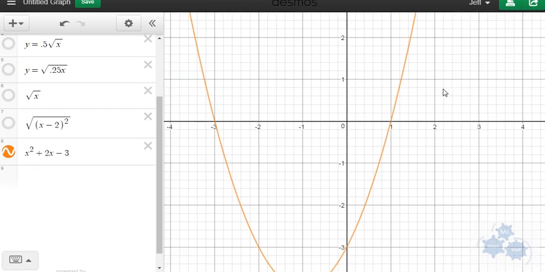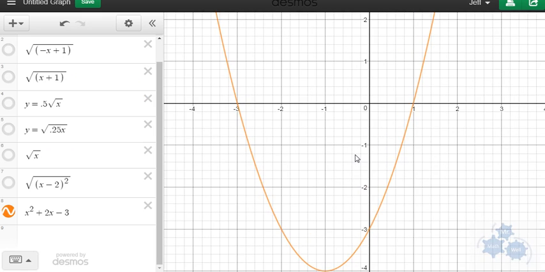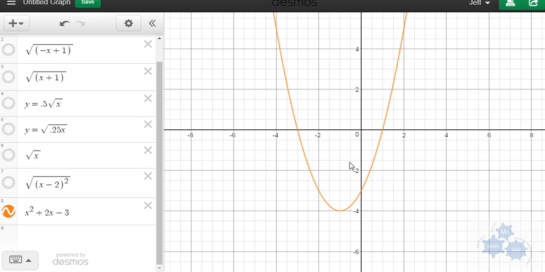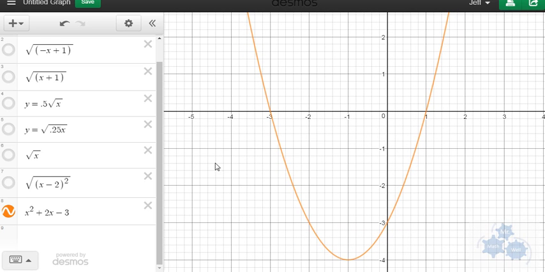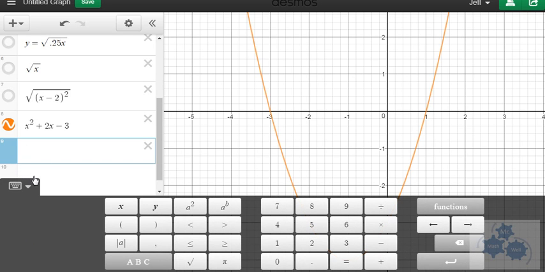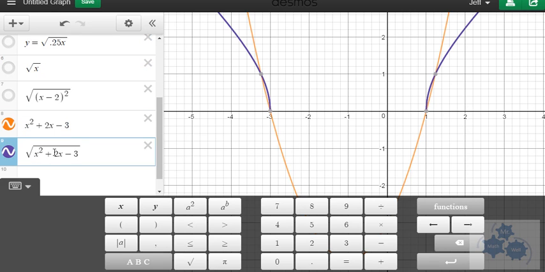Let's see. Oh, that's beauty. That's exactly what I'm looking for. It's going to be a little bit tight to see, but we'll be able to do it. So let's say we have this one. Now, let's say that we have the square root. Can I copy this? Paste. Perfect. Look at this.